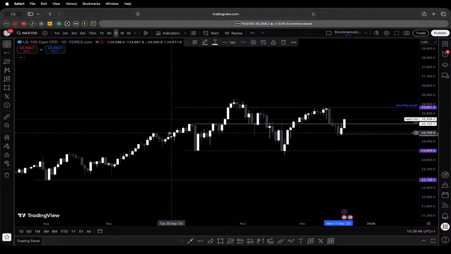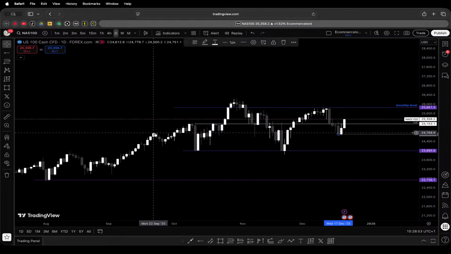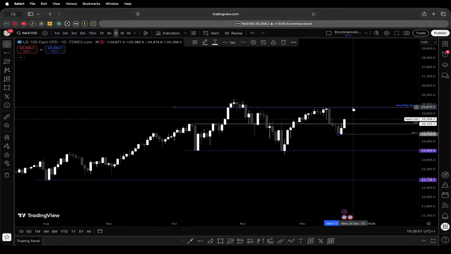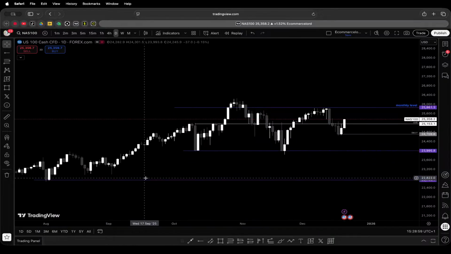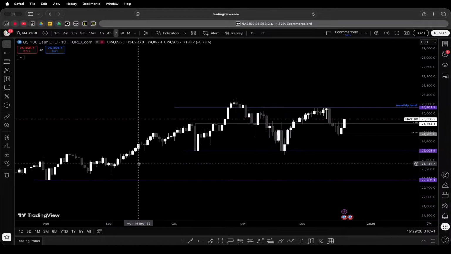You can see you would have been in confluence with this resistance that held price, not so much, but it held price here. So yeah, another support zone would have been here, but this is very poor. I wouldn't have marked it out.